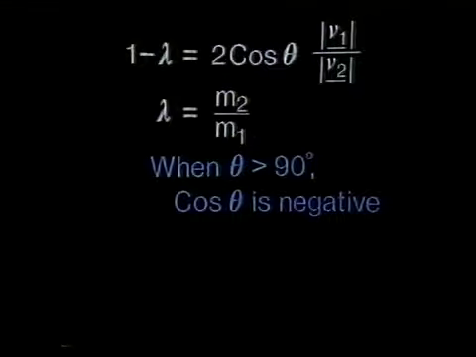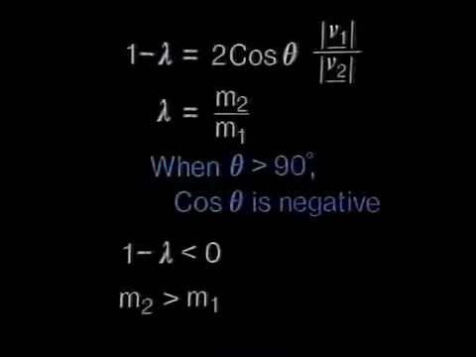Well, cos theta is negative when theta is greater than 90 degrees, and that means that 1 minus lambda is negative, which, if we remember what lambda means, means that m2 is bigger than m1. And that's really a historic result. In fact, when Rutherford realized that, he discovered something really important, because what he'd done was to discover the atomic nucleus.